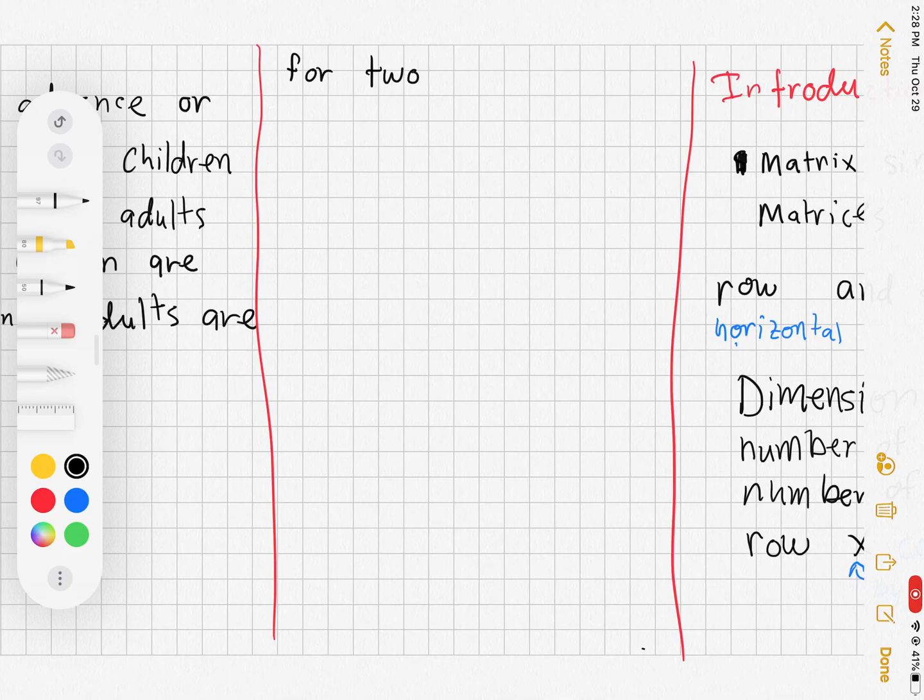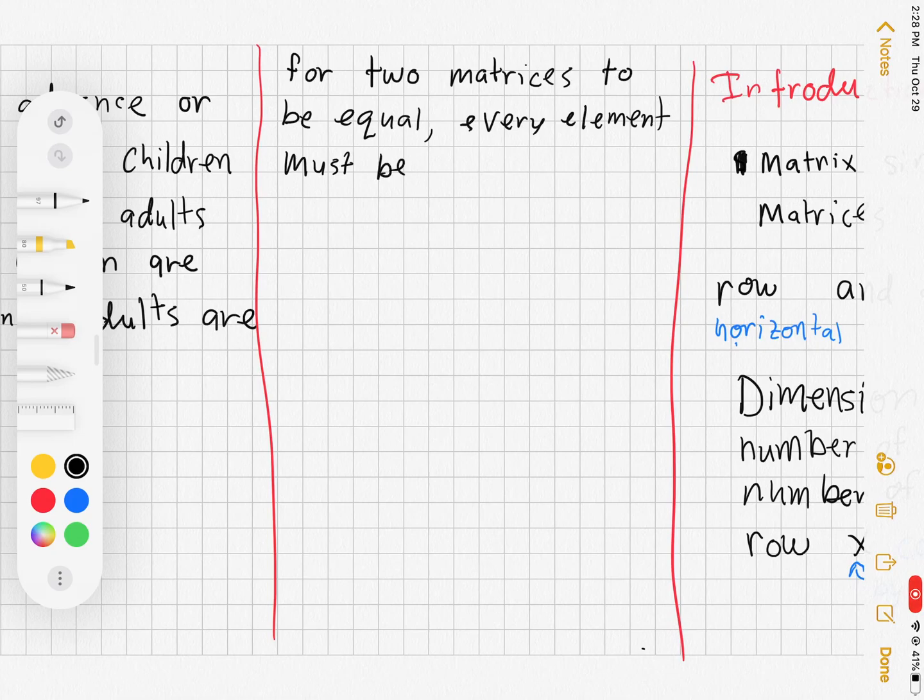But for now, we're going to talk about a very important axiom or rule. For two matrices to be equal, every element must be the same. Now I know what you're thinking.